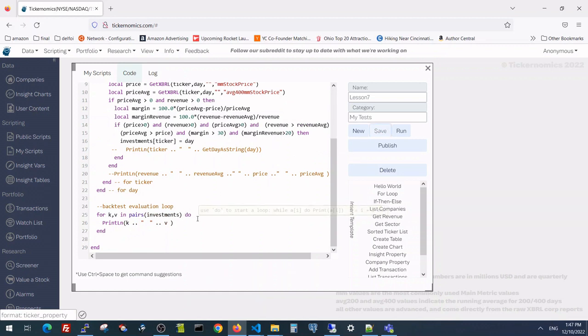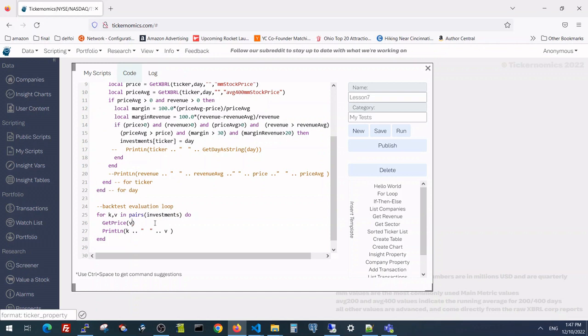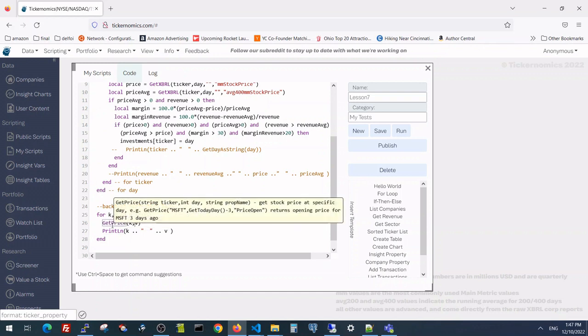Save, and what we'll do here is we'll get the stock price at the moment of investment, which is V in this case, and we need the ticker, which is the key, and that's it.